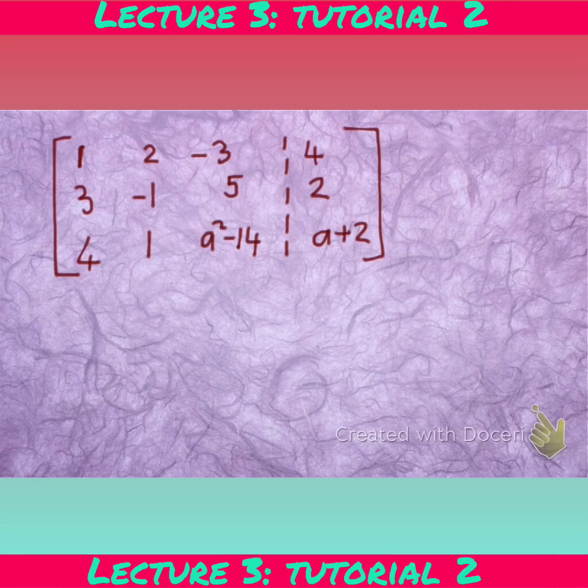Using that, I want to create a 0 and a 0 there. So I'm going to change the second row by adding -3 times the first row to it. That's going to be -3, -6, 9, and -12.